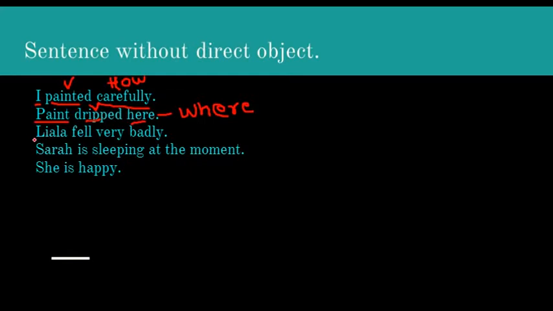Next example, Layla fell very badly. In this sentence, Layla is subject. Fell is verb. Very badly. So first we find the verb and that is fell.